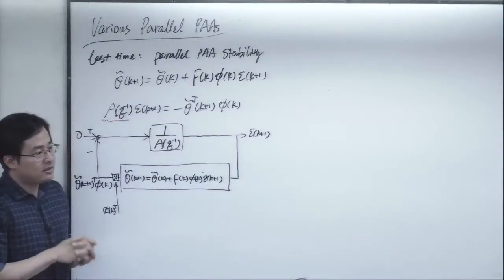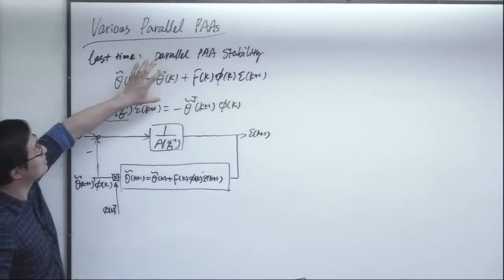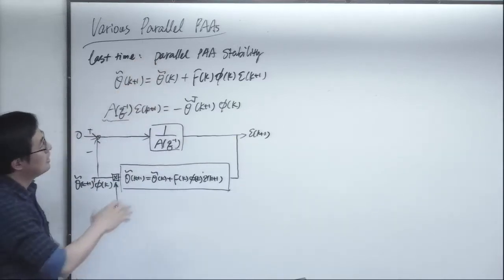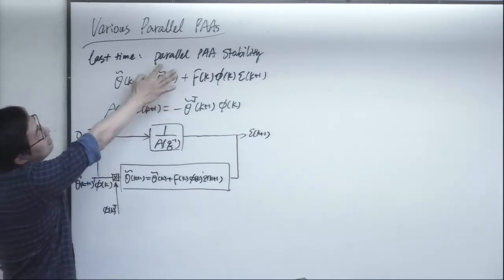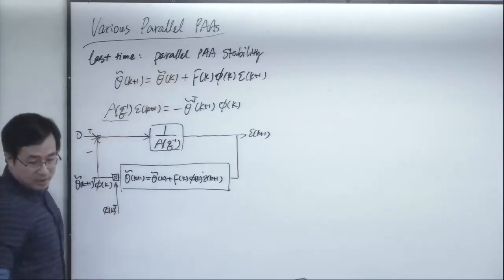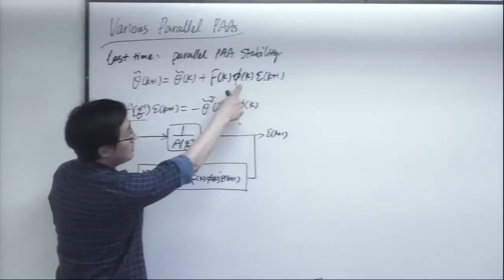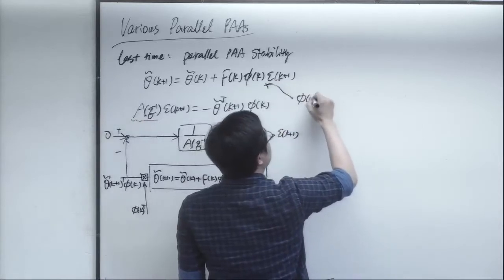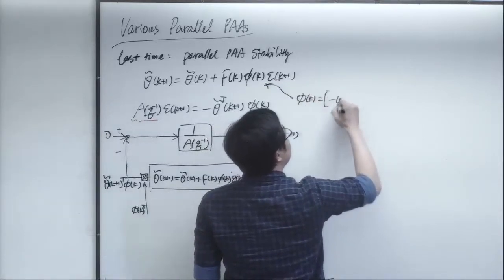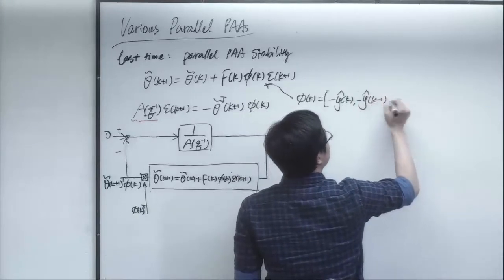Let's today talk about different types of parameter adaptation algorithms that will be useful for implementation in practice. We started last time the concept of parallel adaptation, with the regressor vector containing the estimated output signals instead of the true outputs.